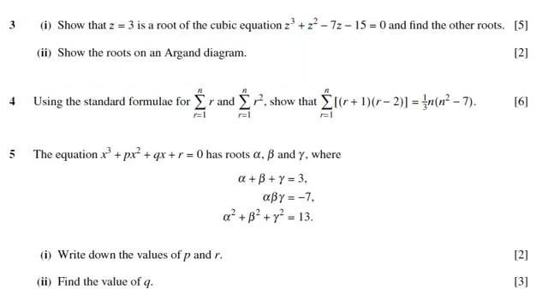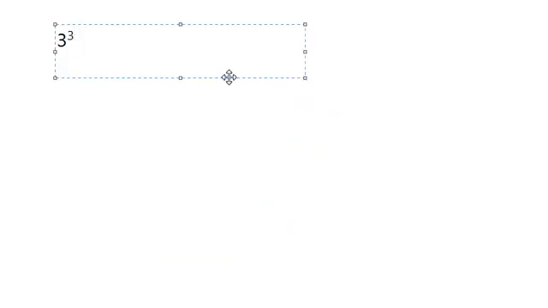This is 3 cubed plus 3 squared minus 7 times 3, then minus 15, and that will give you 27 plus 9 minus 21 minus 15.